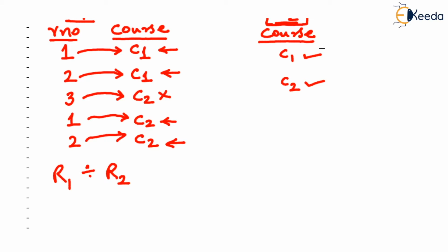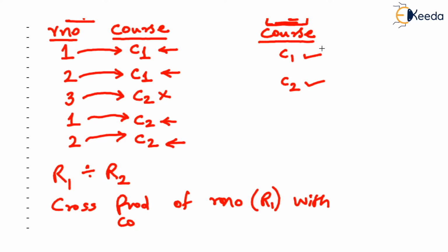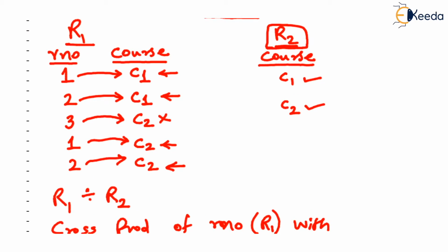We take the cross product of RNO, that's the roll number of R1, with the course of R2. So the roll number column of R1 is taken, and the cross product with the course column of R2 is done.